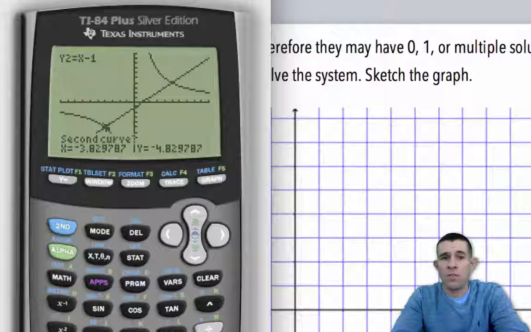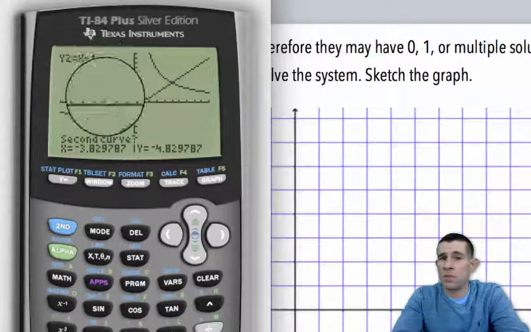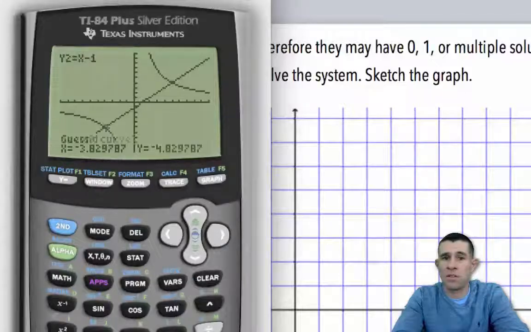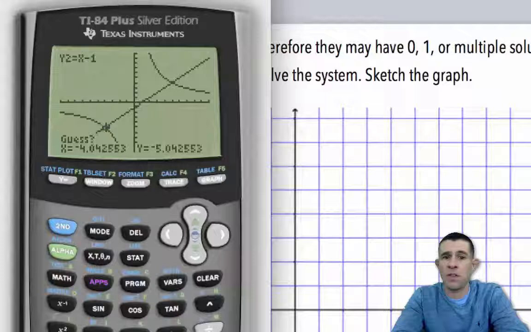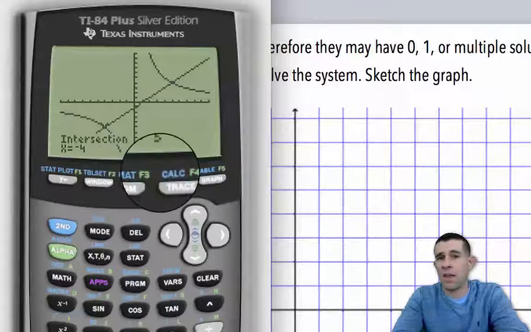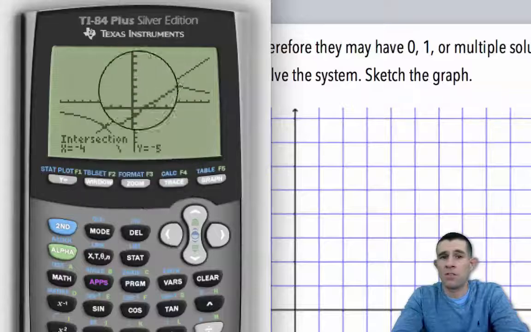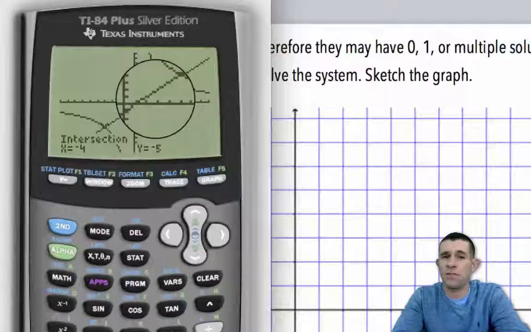We'll get our cursor close, we'll press enter, and the second curve, you'll notice that it now jumps to the linear equation. You can press enter again, and guess, let's just put our cursor close to that and press enter again, and you see now that we have -4, -5. So our two solutions were 5, 4 and -4, -5.